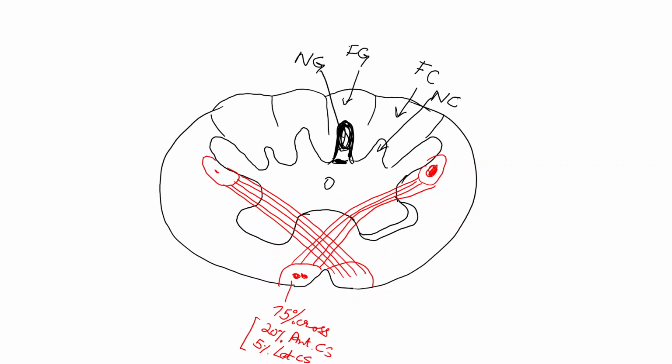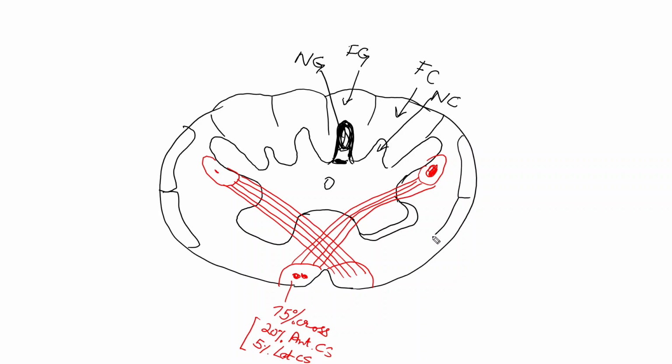Right? Then finally we have to draw the two ascending tracts which are going from the spinal cord to the cerebellum, those are the spinocerebellar tracts. Those we can simply draw here and here, right?